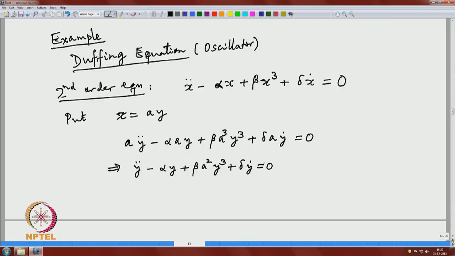Now, I choose my a. So, see here there is alpha, there is beta a square. So, I want to make them equal. Okay. So, I choose alpha is equal to beta a square, and this I can do, since a square is always positive, only if alpha and beta have the same sign.